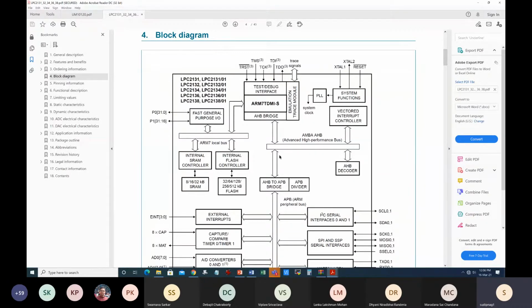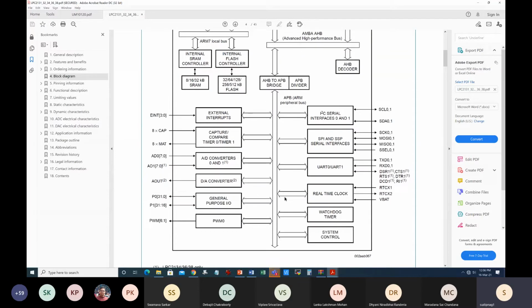Now, more importantly, today we will have a look at this APB side, which is the ARM peripheral bus, and most of the peripherals are connected through this APB bus. And this APB bus is connected to general purpose IOs. So this is one of the peripherals that we'll be considering today.